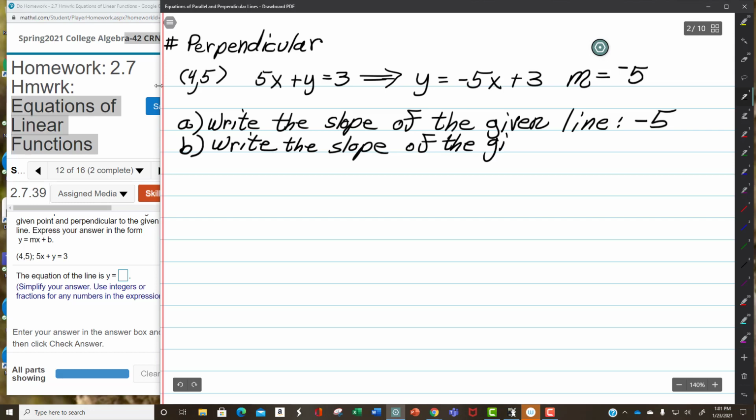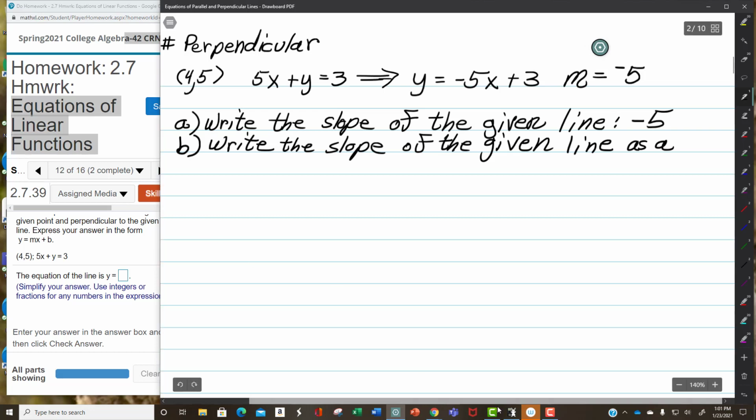Should never say the F word, the math F word, as a fraction. Well, negative 5 equals negative 5 over 1.